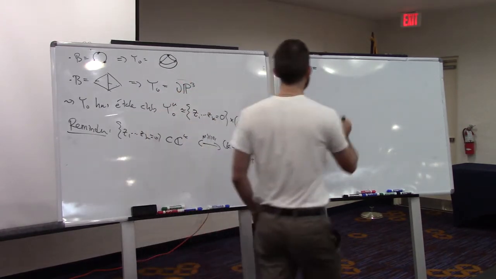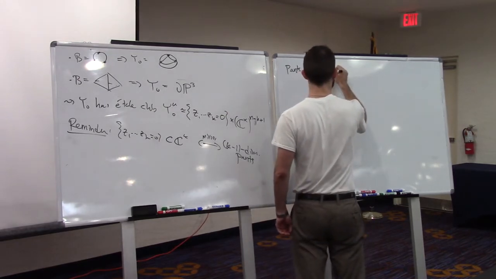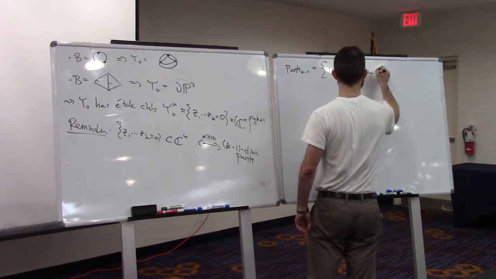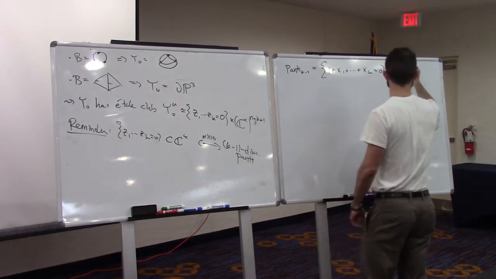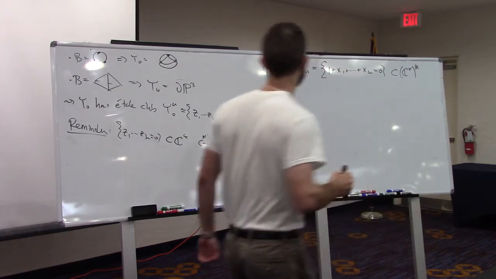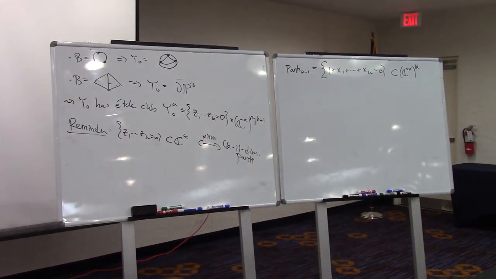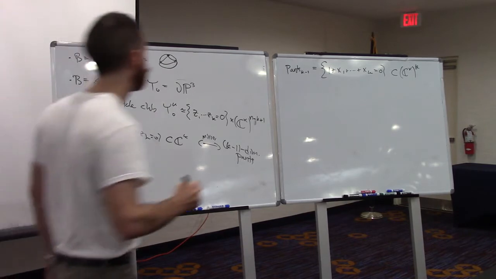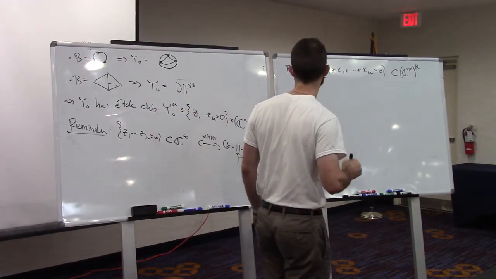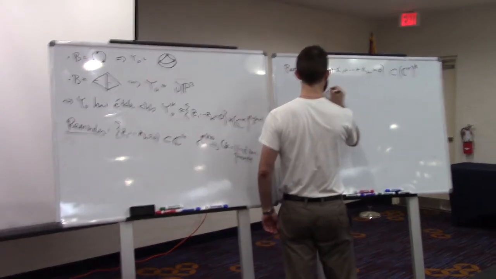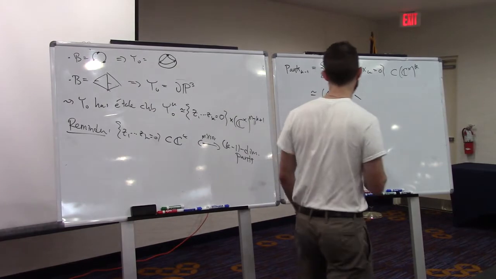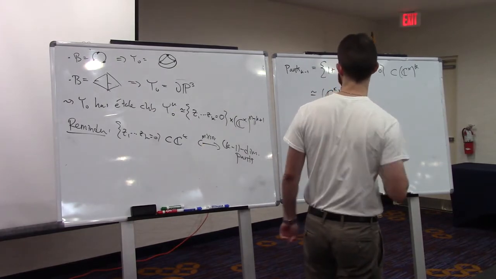One of them is that it's a variety cut out by the equation 1 plus x1 plus ... plus xk equals 0 inside of C star to the k. And the other definition is that this variety is equal to C star to the k minus 1 minus a pair of pants one dimension lower.